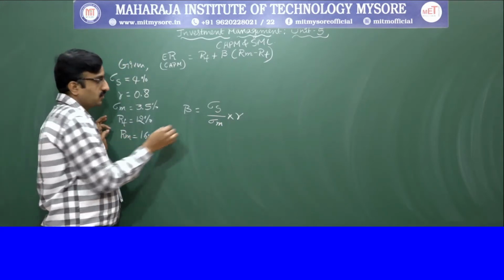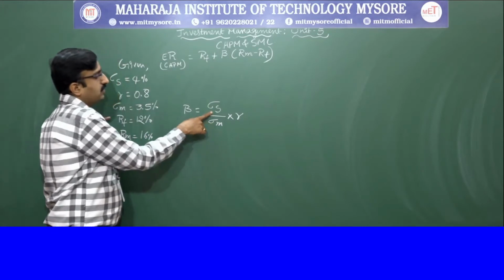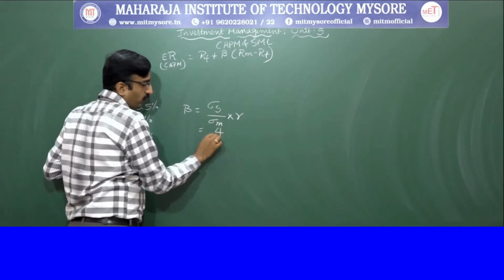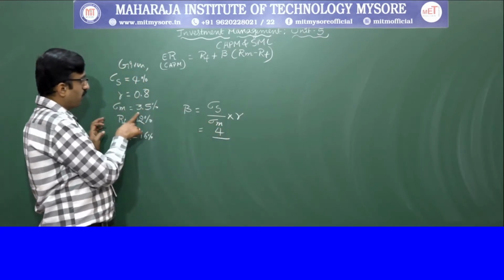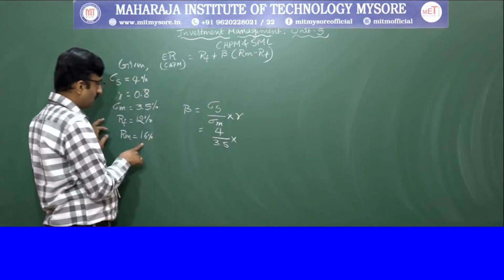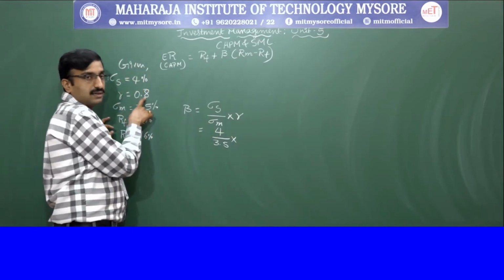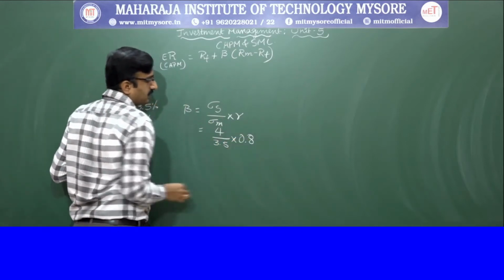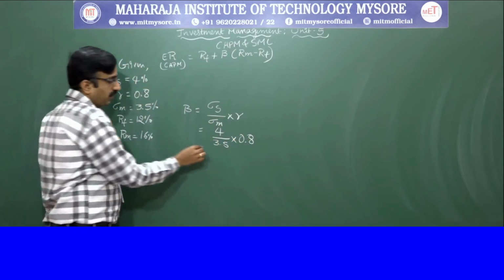The standard deviation of the particular stock is 4%, and the standard deviation of market is 3.5, into R, where R is 0.8. So how much will we get?